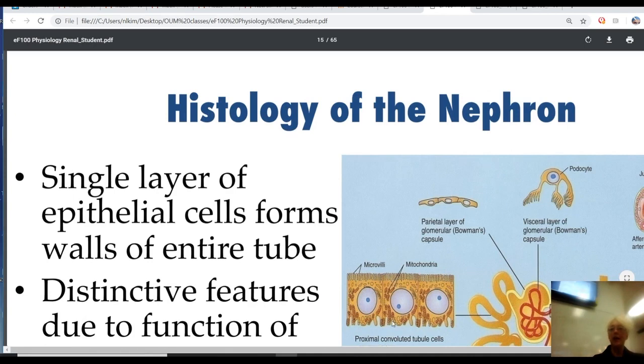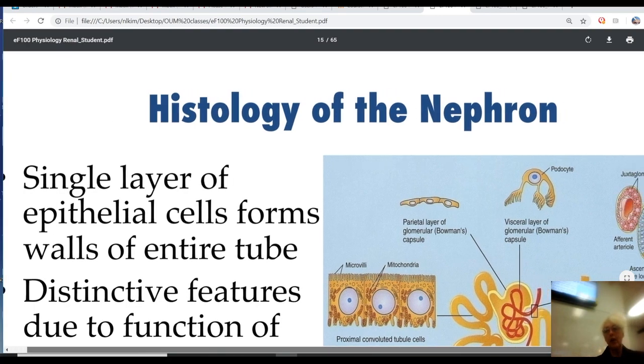So let's come back here and take a look. If I can blow this up a little bit, let's increase the size. So here you've got a little bit of a better idea. Here's inside the proximal convoluted tubule cells. This is the microvilli. Here's the dark little mitochondria.